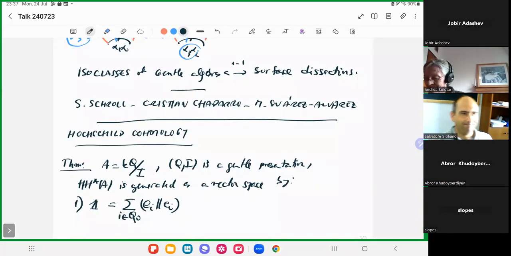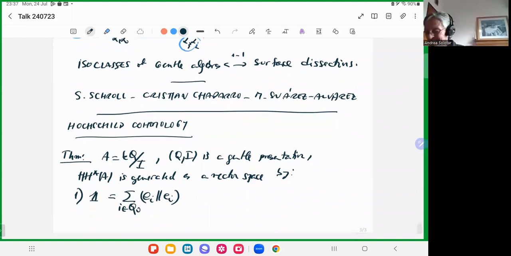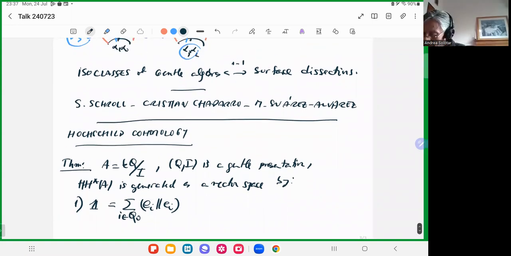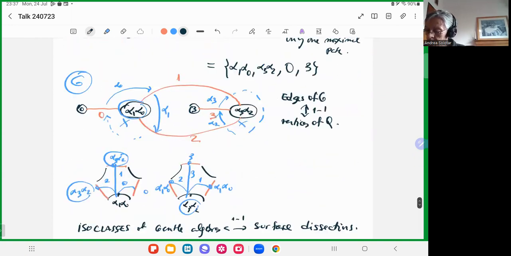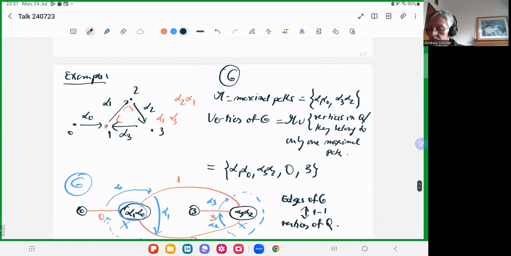Okay, thank you. Sorry. So I was saying that I'm denoting this parallel path because in all the cohomology, the things that we are computing correspond to paths in the quiver. For example, let me go to the quiver, to the example we had before.